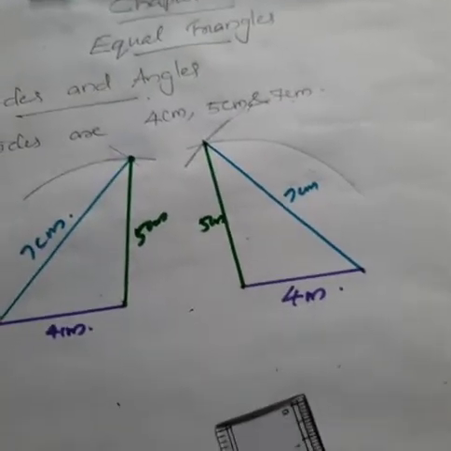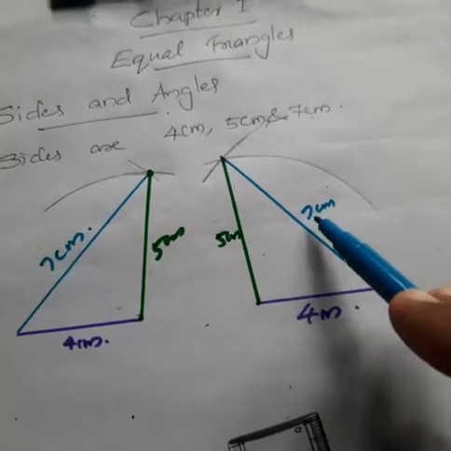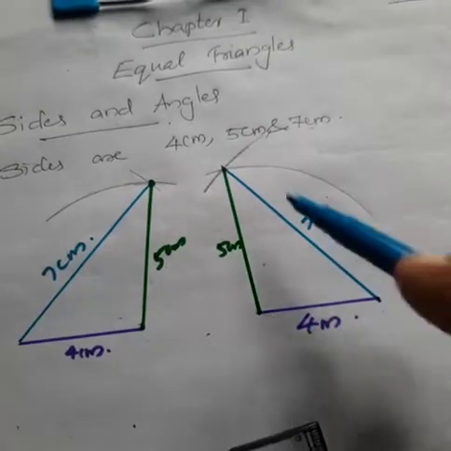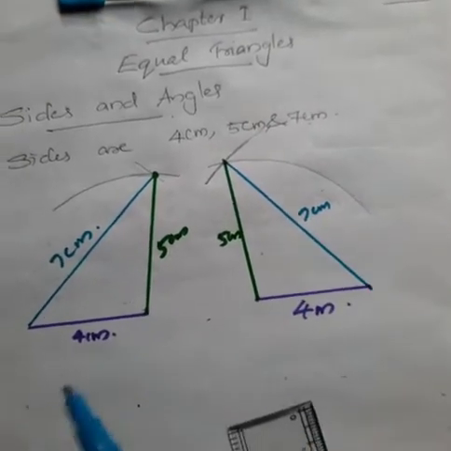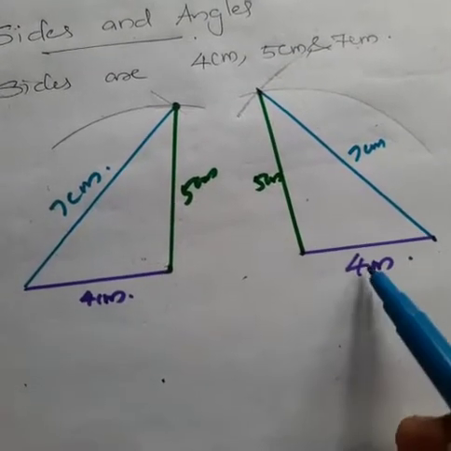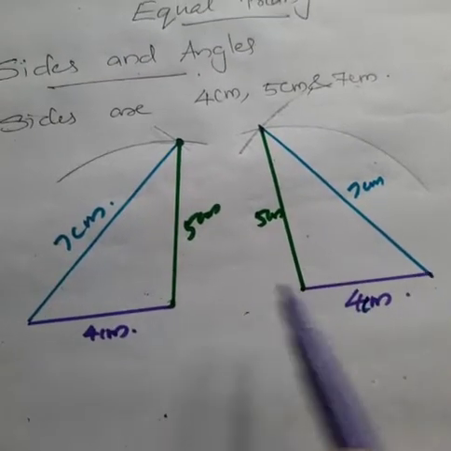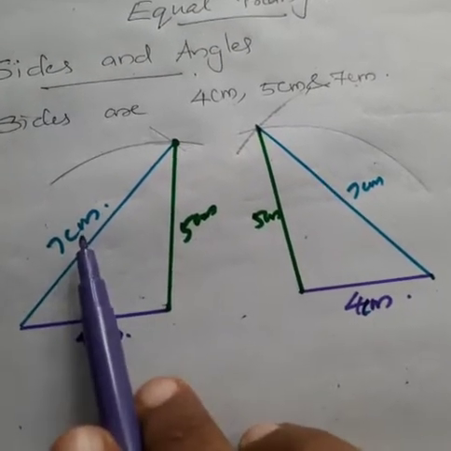Here you can see 4 cm as base and 5 cm and 7 cm sides. We are completing that triangle. So you got 2 triangles here with the same base 4 cm and sides 5 and 7.